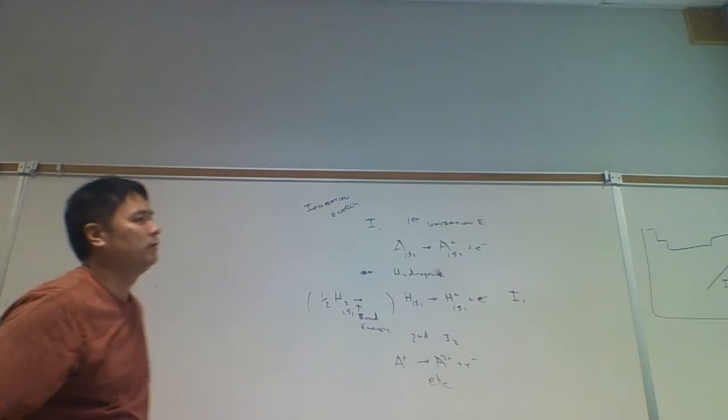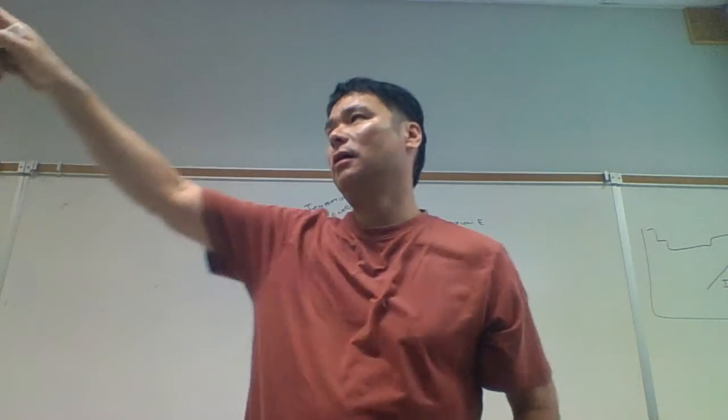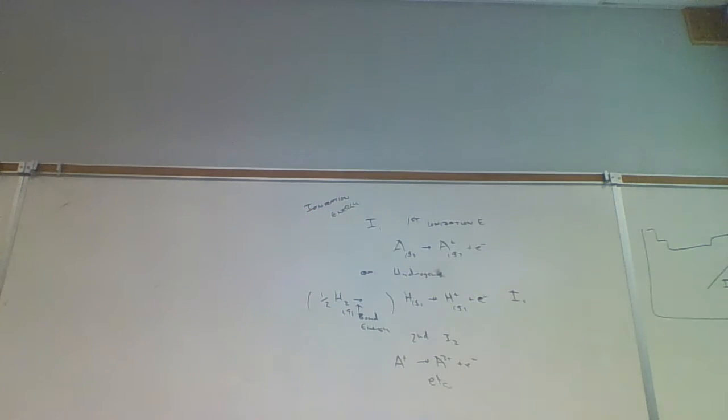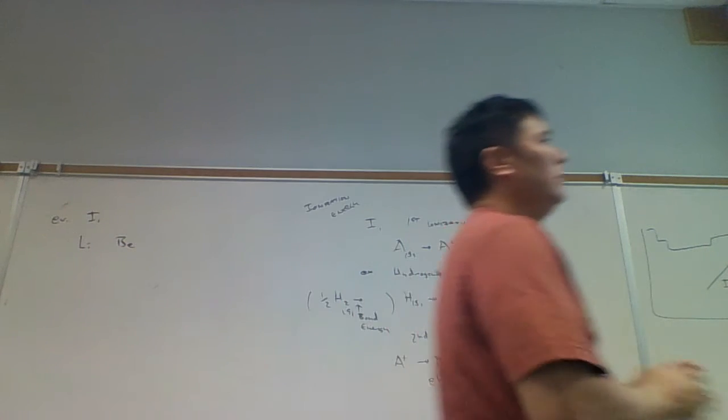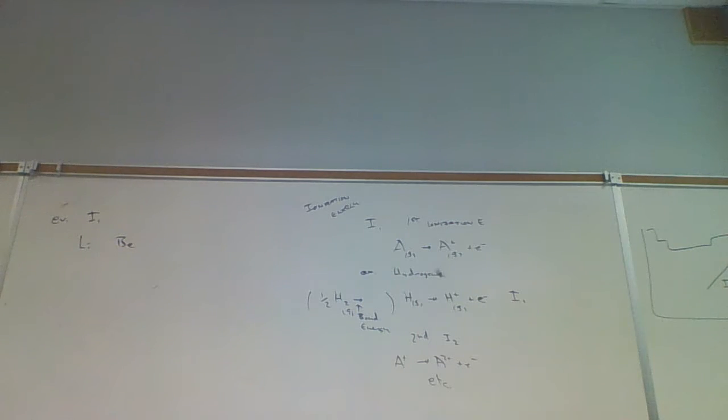So, if we just pick a period here, let's go across the second period, or the second shell. An example of this would be we start off with lithium versus beryllium. Which one has a higher I1, ionization energy 1? Lithium or beryllium?